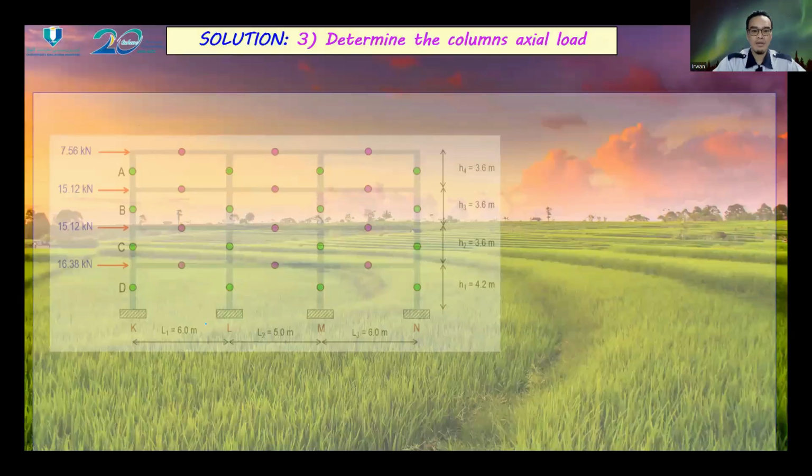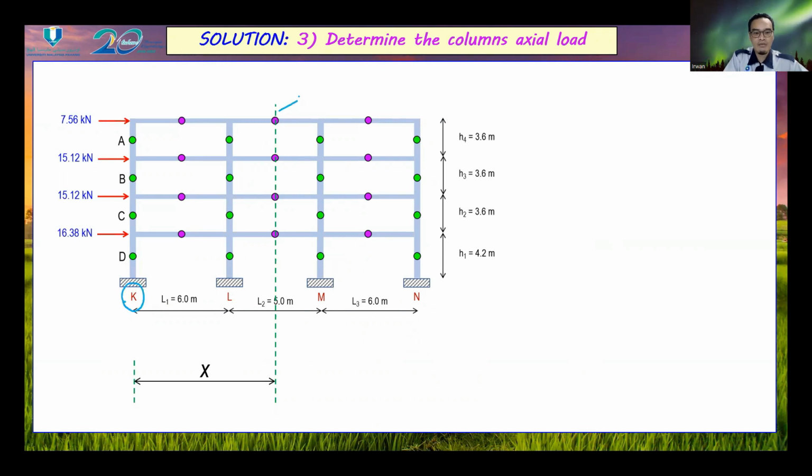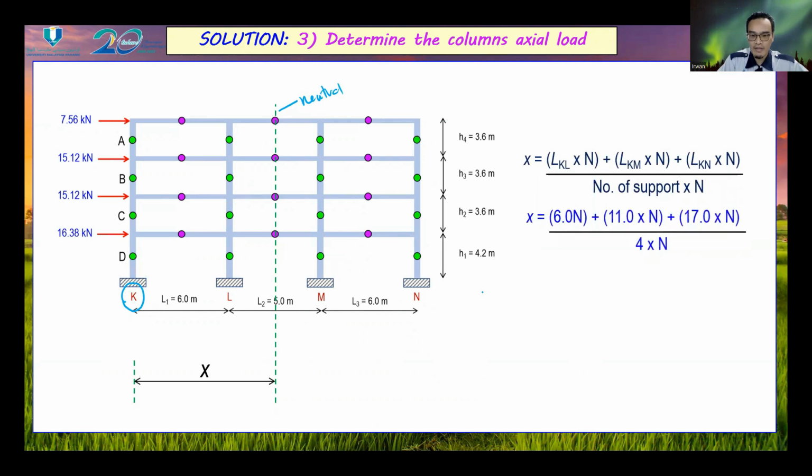Next, we have to determine the axial load acting in the column. First of all, we calculate the distance X, which is the distance from the first column. This is the first column, I label with K, to the neutral axis. This is the neutral axis. So we can determine the value of X by using these equations.